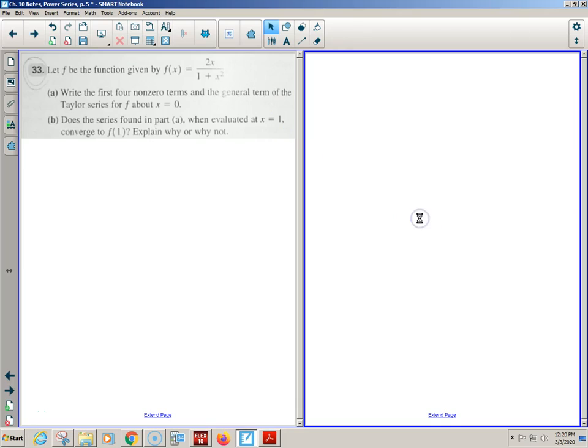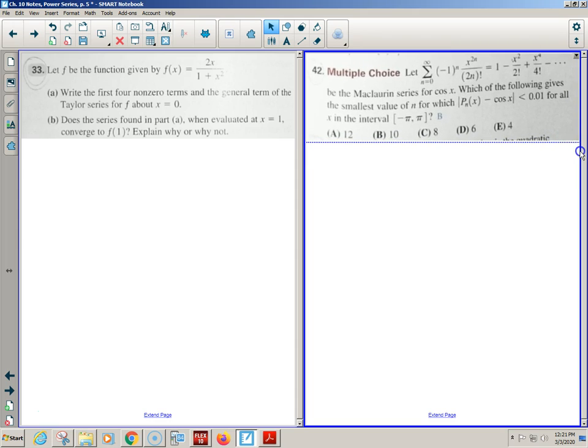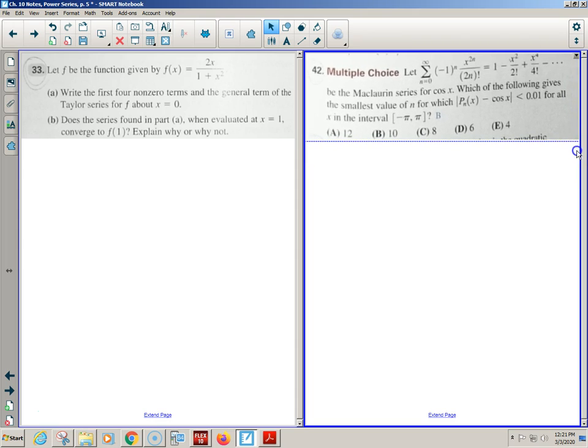Oh, right. That's ratio, isn't it? I don't know what that is. Oh my god. It's not the limit, it's the series, right? Oh.